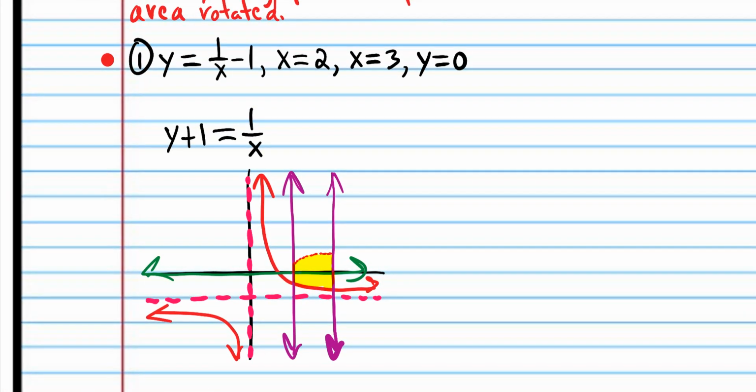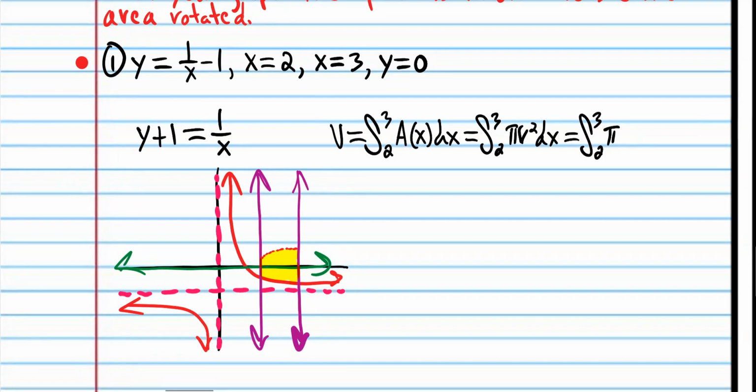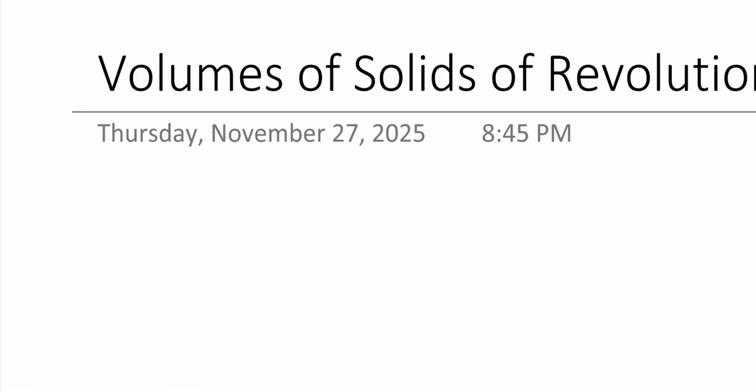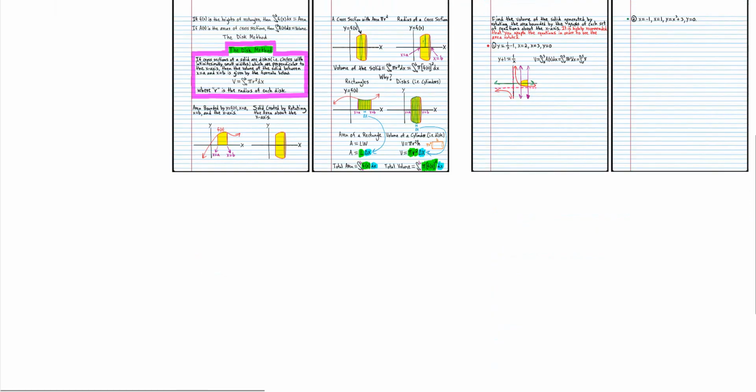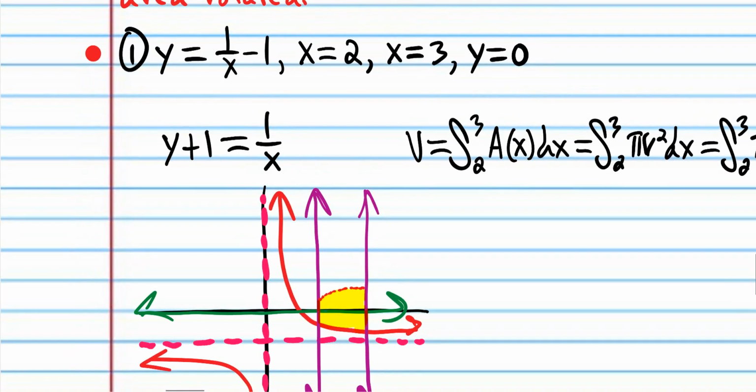And so we're going to use the disk method to find the volume of that shape. We're going to integrate from 2 to 3. We're going to integrate the cross-section area, and the cross-section area is pi r squared. And the radius of each circle is this distance here, which is 1 minus x over 1.